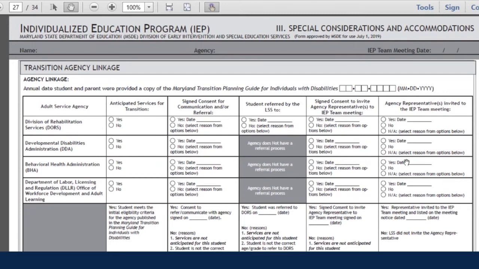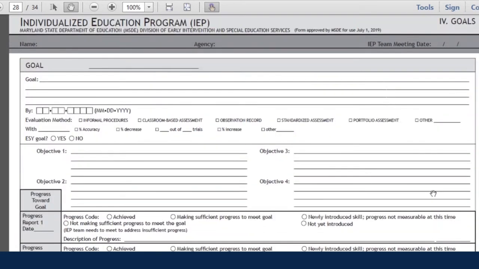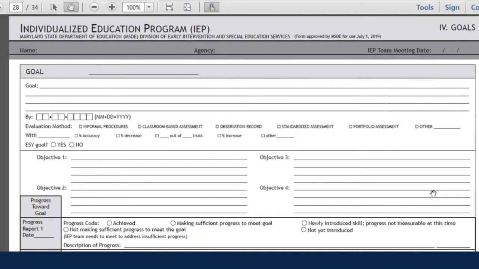If your child needs behavioral health administration services, then you would want to do that application as well. So at transition age, you're starting to connect with all of these services and starting to access pre-ETS programs in the summer and doing DOORS assessments to figure out what their needs are so that you have a smooth transition exiting the school system.